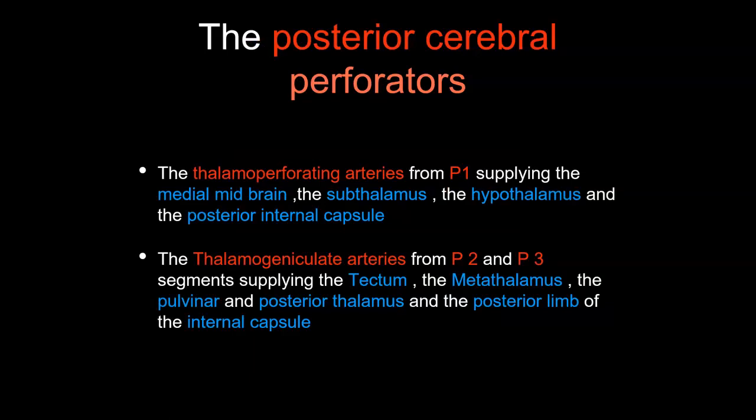Also, posterior circulation includes the posterior cerebral perforators. They are two branches with names. Proximally, thalamo-perforating arteries, distally, thalamo-geniculate arteries. Proximally arising from the P1. What is the P1?